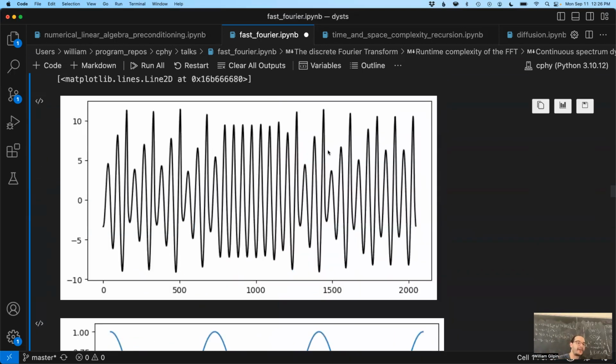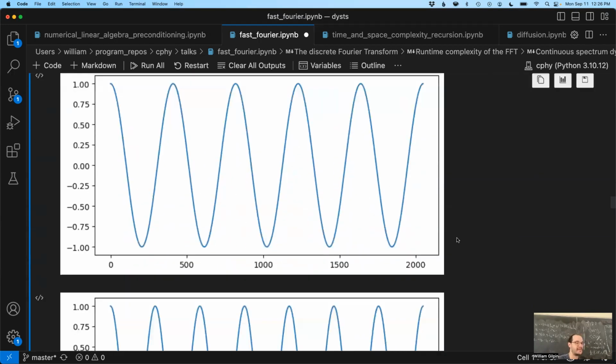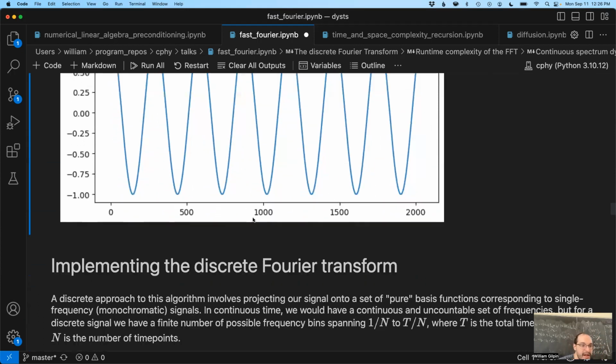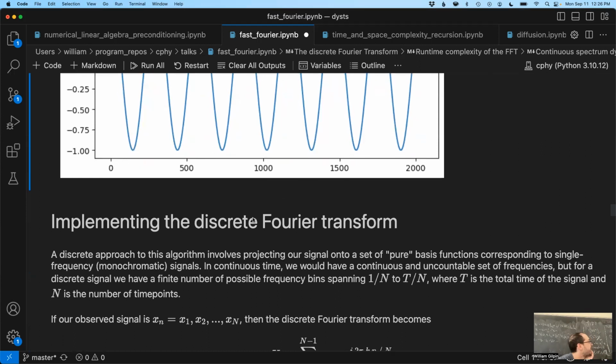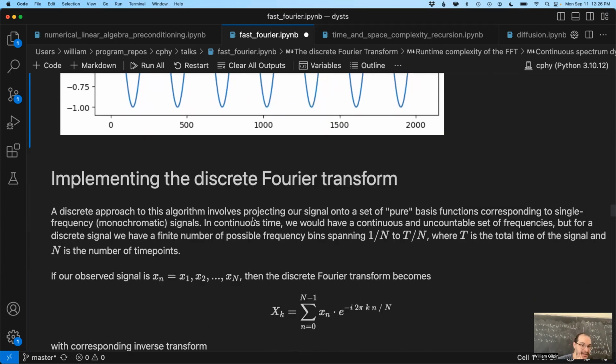Okay, so I want to map this signal, which you can think of as a vector in t dimensions, where t is the number of time points, into how much it's similar to this signal versus all the way down to some super high frequency oscillation. Naively, this is a relatively simple thing to do numerically.